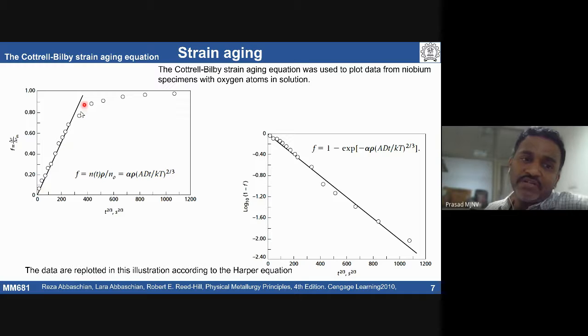They figured out that the Cottrell Bilby equation was valid only for short times. When it comes to long times, this equation failed.